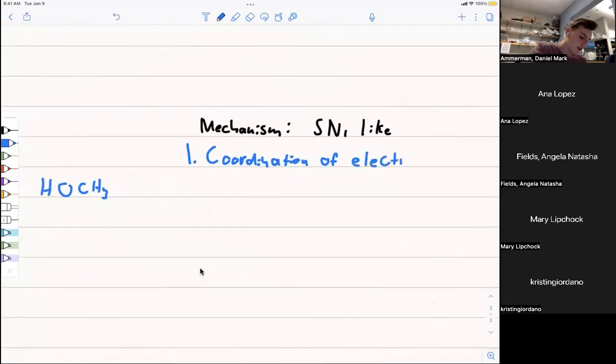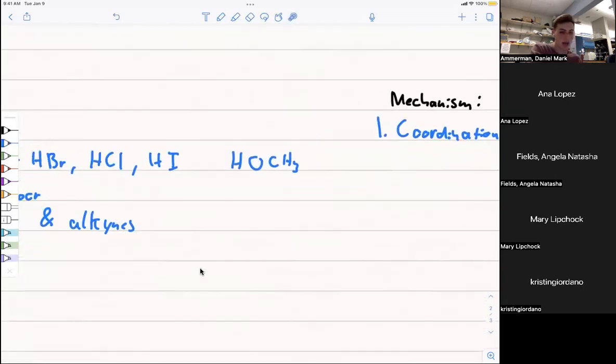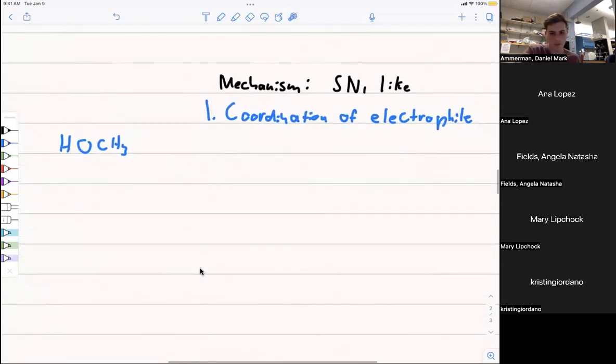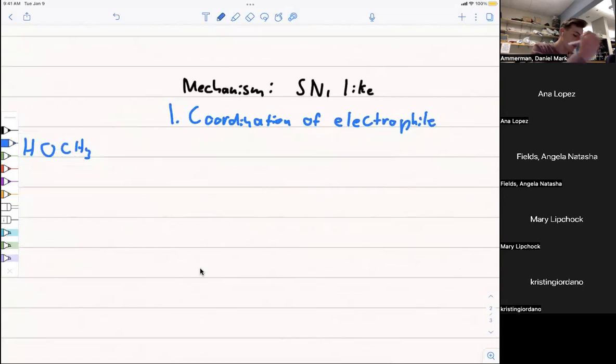The electrophile here is going to be this H on all these acids. First, the H is going to add, and then we'll have the nucleophile add as well. So coordination, the electrophile is going to go on first, and then second is possible rearrangement.